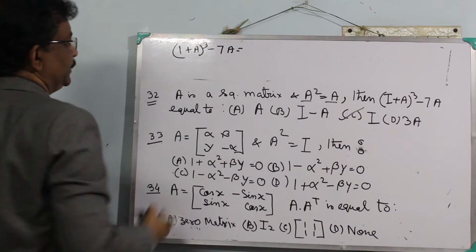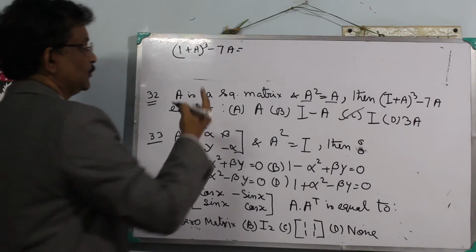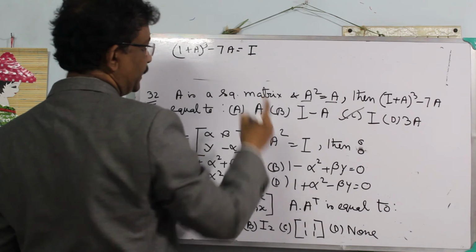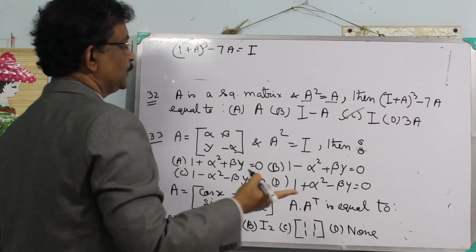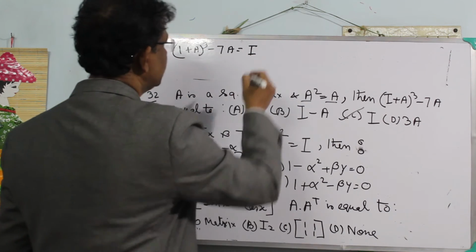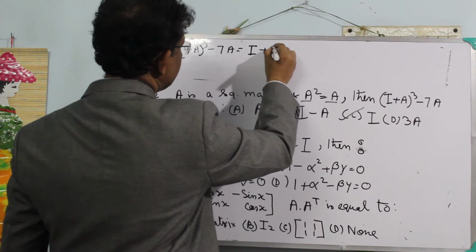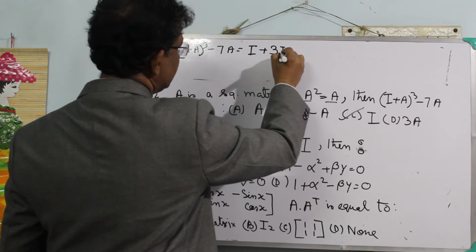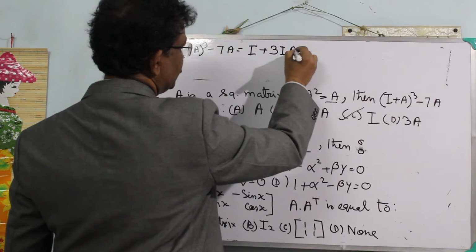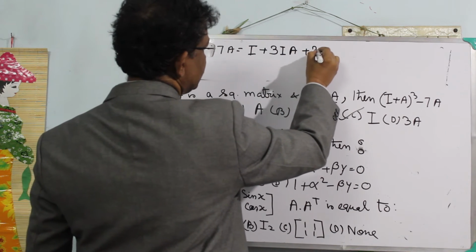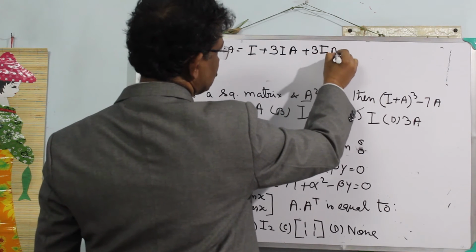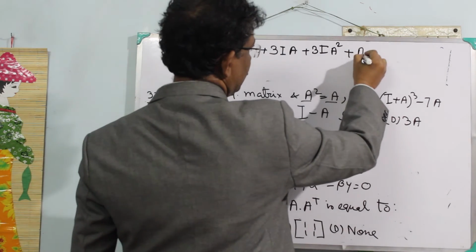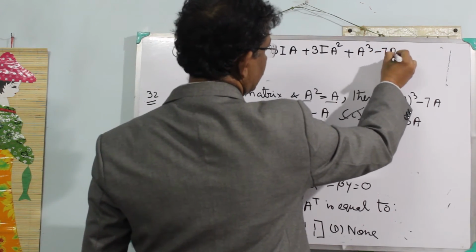Use the formula (A plus B) whole cube: A cube plus 3A square I plus 3A I square plus I cube, minus 7A.